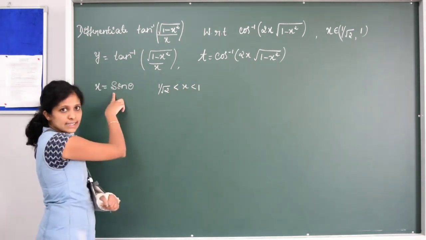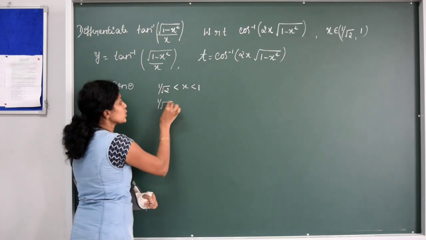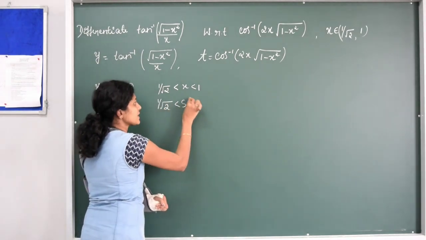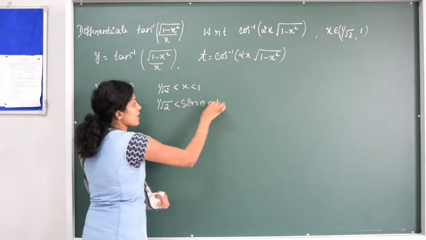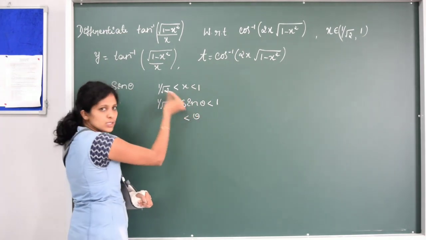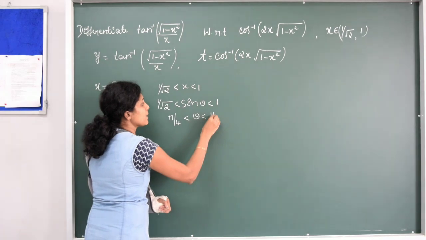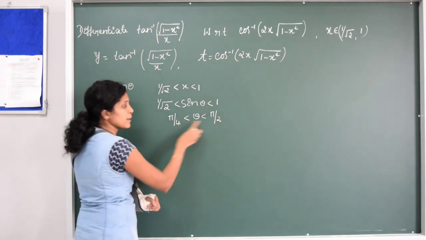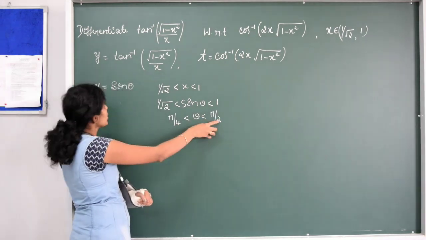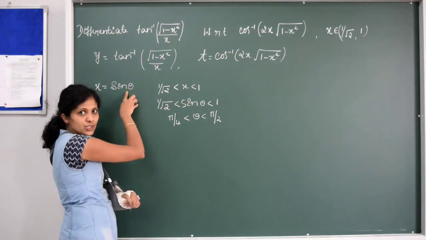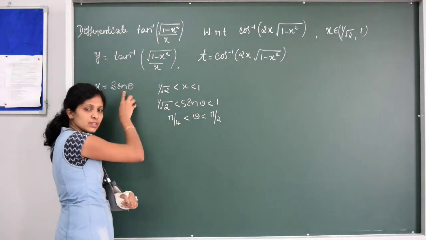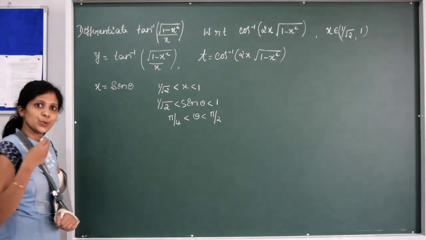So if I give x as sin theta, this will be 1 by root 2 less than sin theta less than 1. So the value of theta is between sin inverse of 1 by root 2, which is pi by 4, and less than pi by 2. So the value of theta is between pi by 4 to pi by 2. So the function is defined for the sine function, right? The restricted domain of sine is between minus pi by 2 to pi by 2.